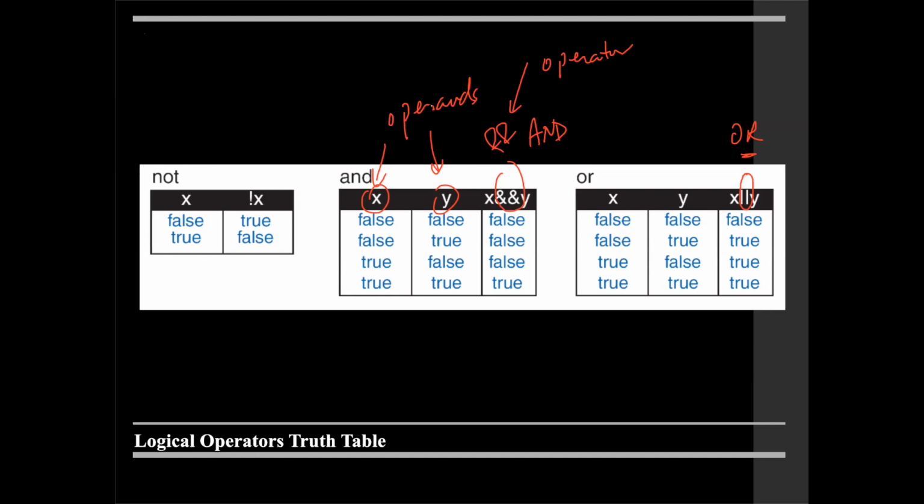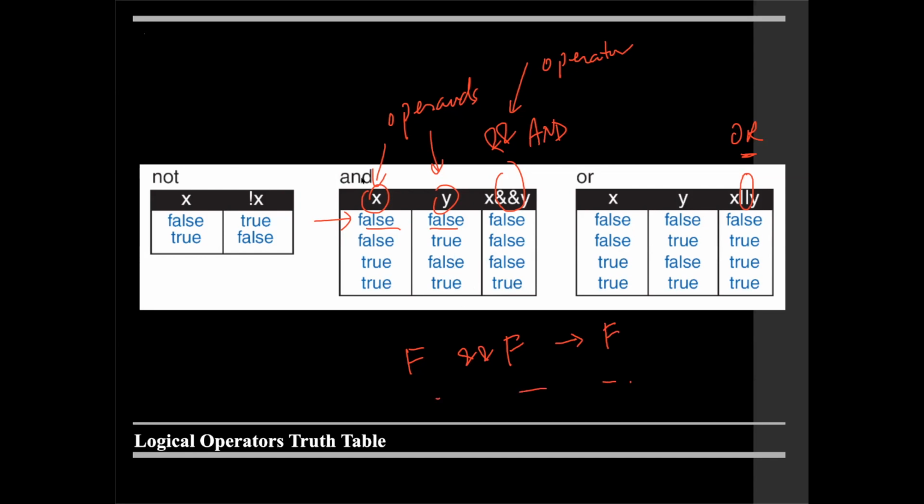When you have operands on both sides and it's using an AND, this is the truth table. So if X is false, and you try to AND it with another false here, the end result is false. So on and so forth: false, true, true, false.